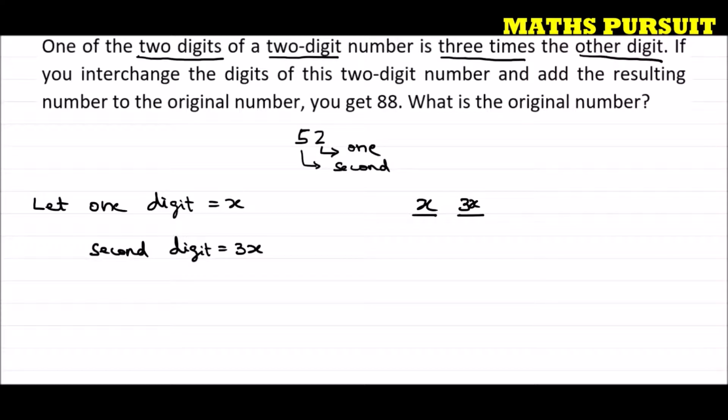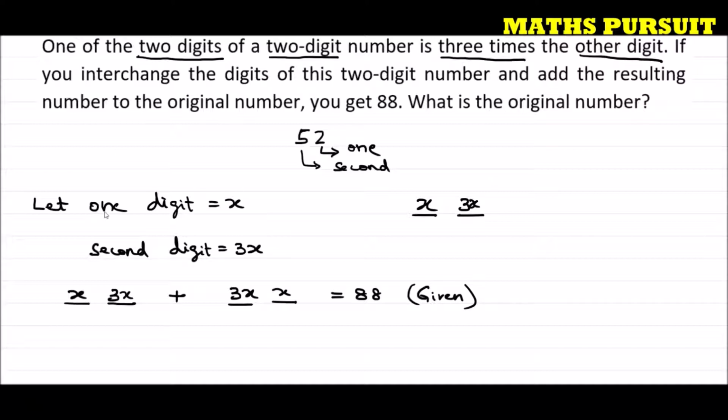So x3x is our original number, and after interchanging, if we add, that means plus 3xx, because the numbers got interchanged, it is equal to 88. This is what the question has given us.